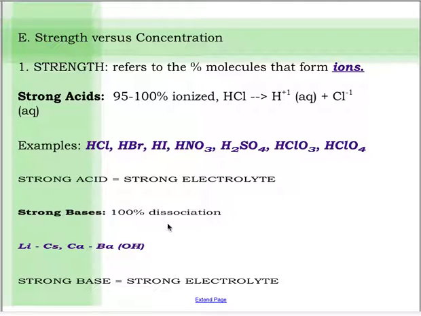Strong bases also do 100% dissociation. So like lithium hydroxide, sodium hydroxide, any of the alkali metal hydroxides, and then calcium, strontium, and barium hydroxide as well.